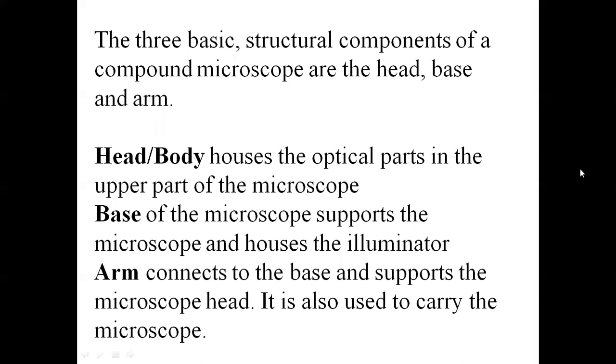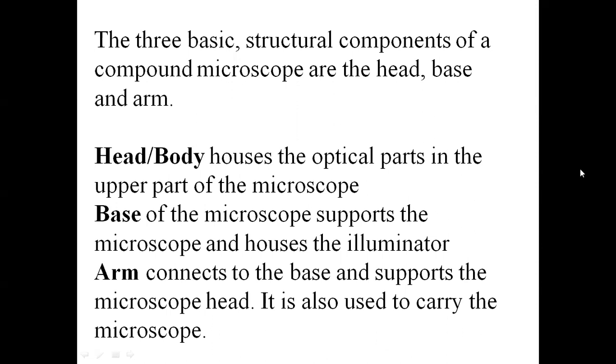The base of any microscope gives support to the microscope. It is composed of all the setup of the microscope. Whether it is the arm portion or the head portion, they are all standing on the base. And the base also has a source of light which focuses on the sample. That also we'll see.